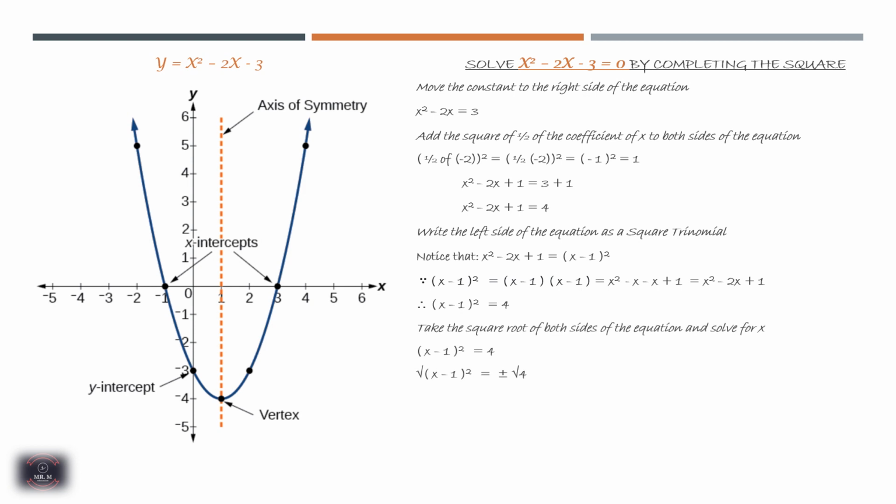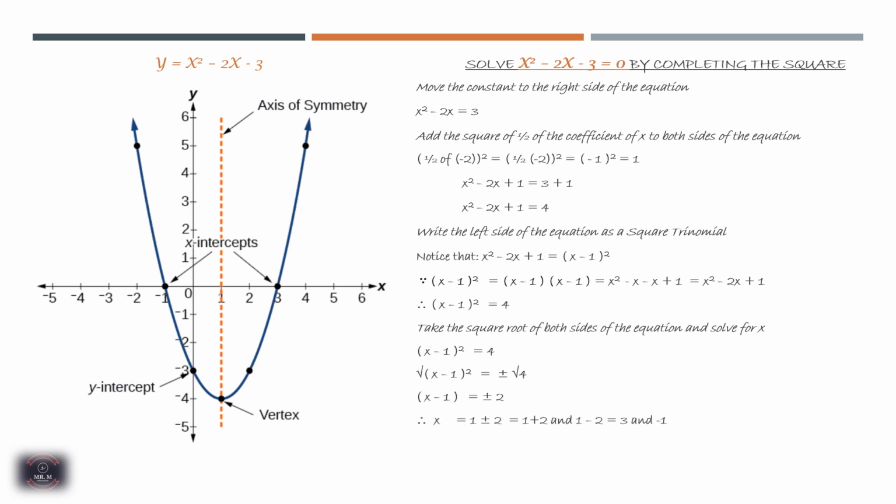The next step is to take the plus or minus square root of both sides of the equation. Square root of x minus 1, the whole thing squared, is equal to x minus 1. And the plus or minus square root of 4 is equal to plus or minus 2.